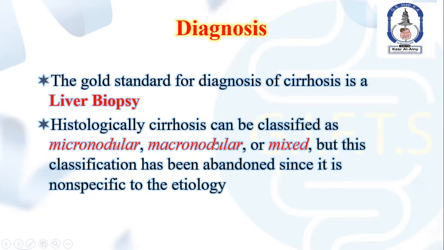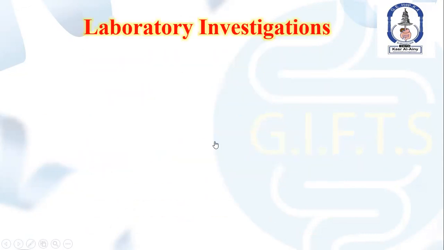The connection between different etiologies makes no particular pattern of cirrhosis in the histology. Of course, there are some non-invasive forms now to detect the liver fibrosis and liver cirrhosis, like the fibroscan and non-invasive techniques.